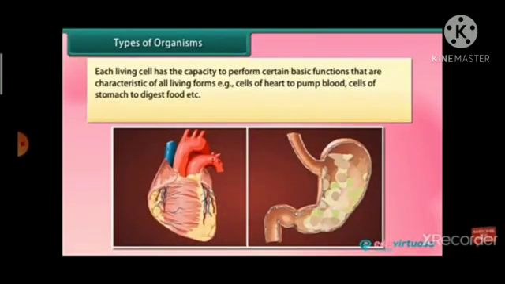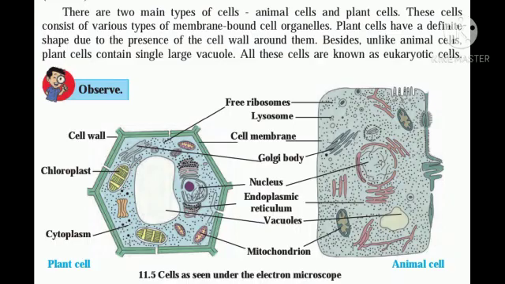Each living cell has the capacity to perform certain basic functions that are characteristics of all living organisms. Cells of the heart pump blood, cells of the stomach digest food, etc. Now we will see there are two main types of cells. The two types are animal cell and plant cell.